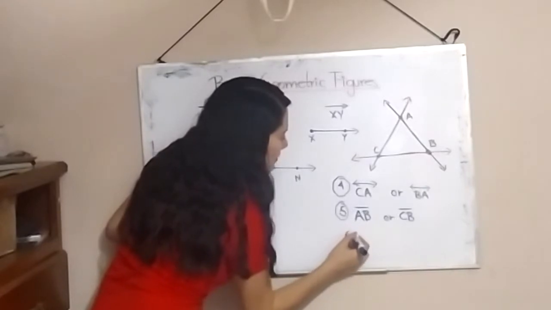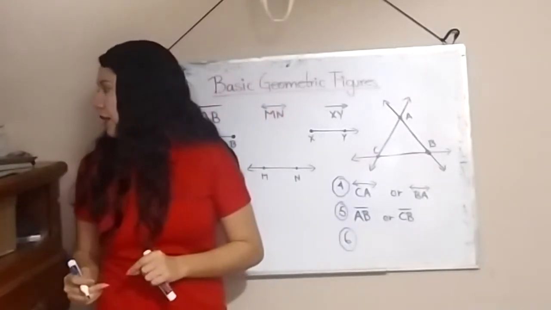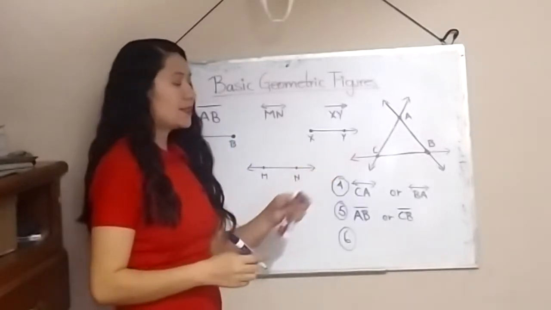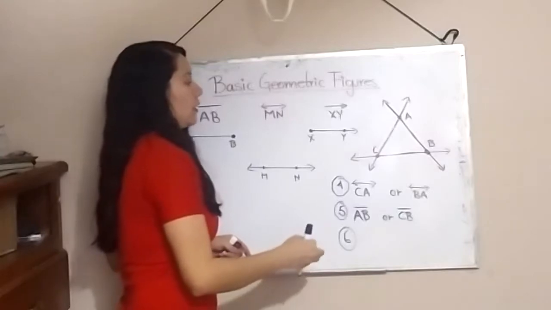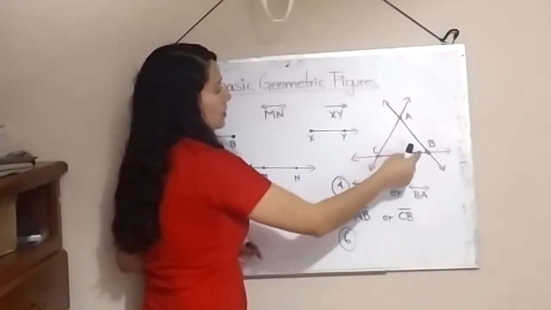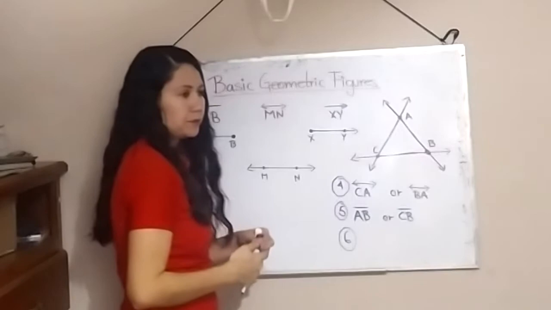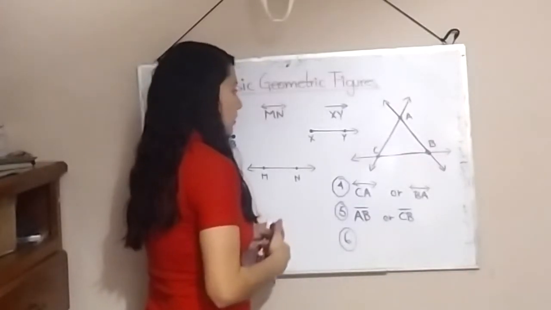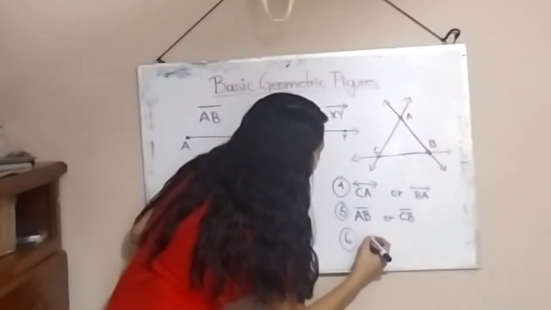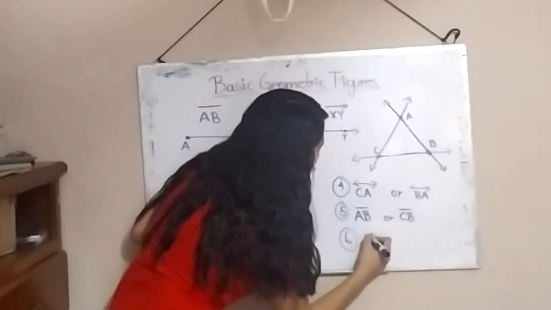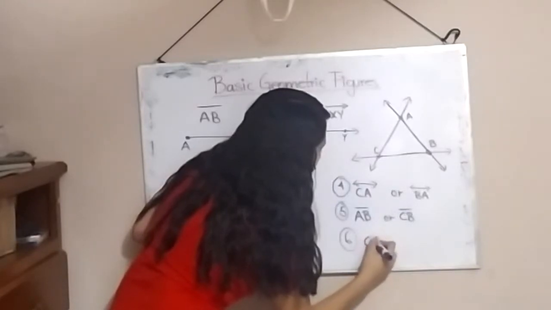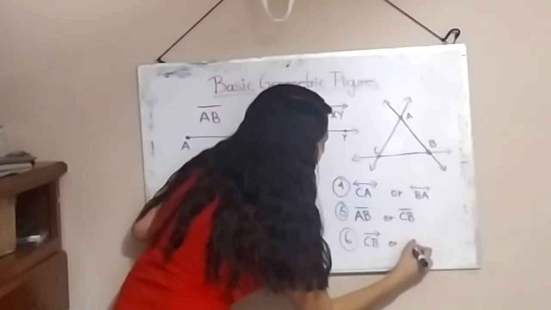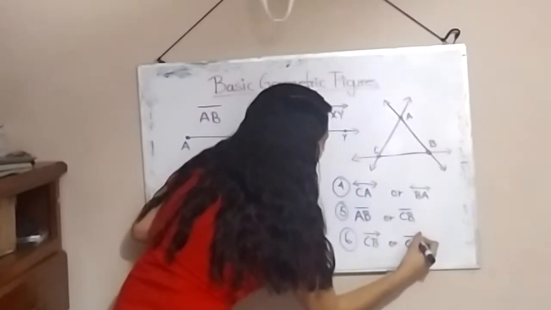And number 6, we have 2 rays that have an endpoint in C. It can be either AC or BC. So we are going to write CB or CA.